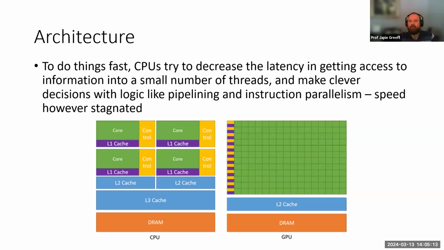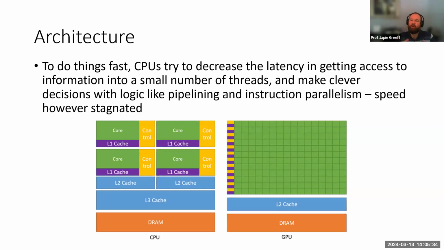When we're looking at CPUs for fast processing, what a CPU is going to try to do is decrease the latency in getting access to information from its caches and from the memory as a whole. And it's going to do its processing really fast in a very small number of threads.